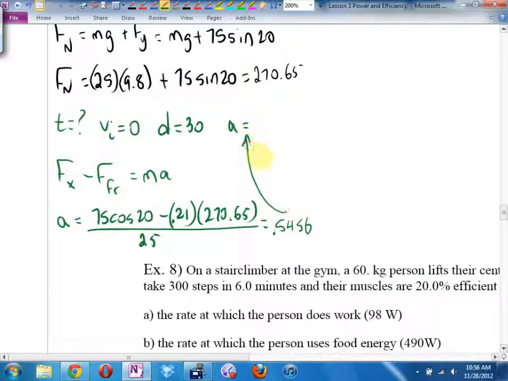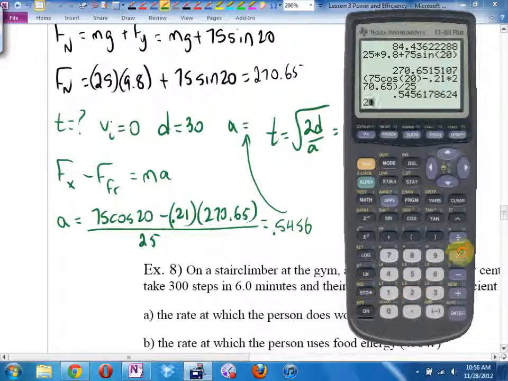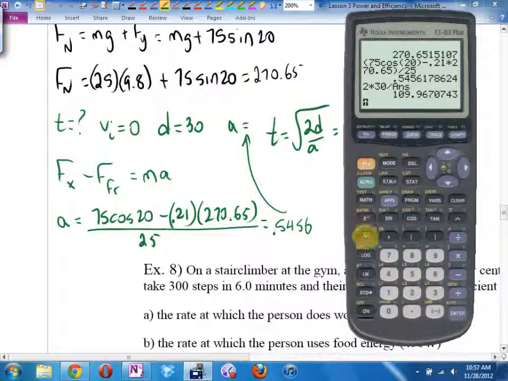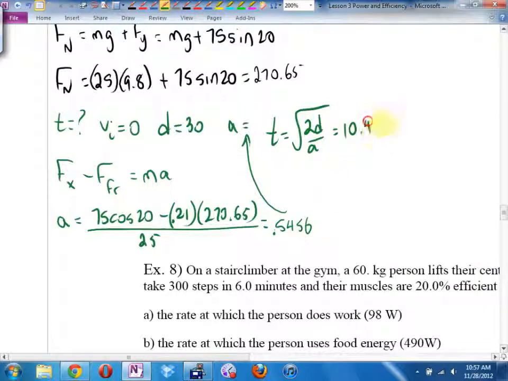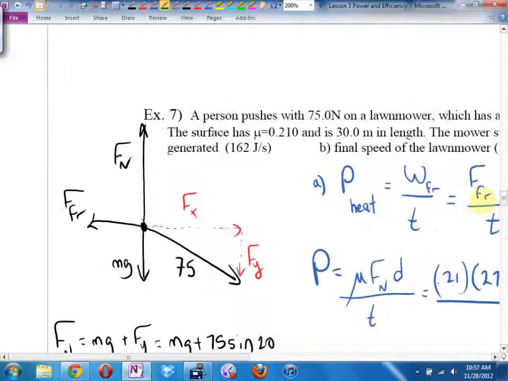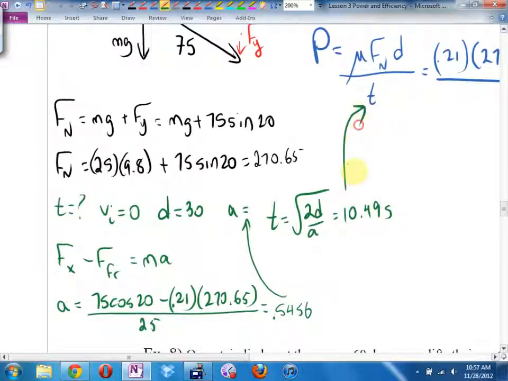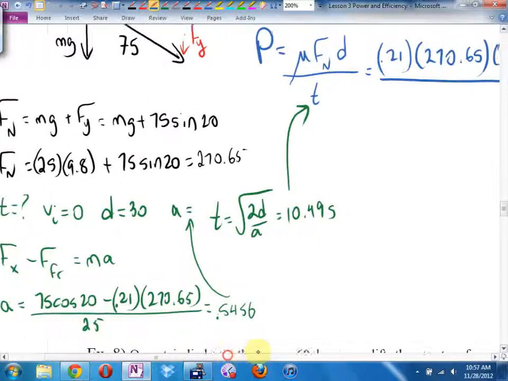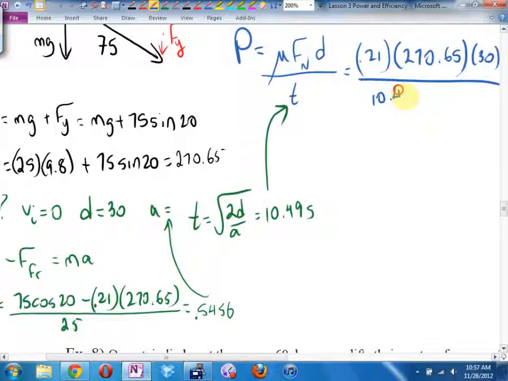Now I stick that there, and I can get t equals the square root of 2d over a. 2 times, what was d? 30? Divided by my last answer. Square root of that. I get a lovely time of 10.49 seconds. And now plug that in for there. Please tell me we get the right answer for power.